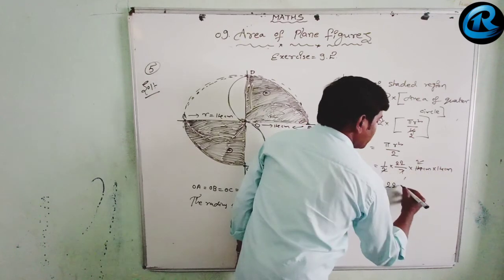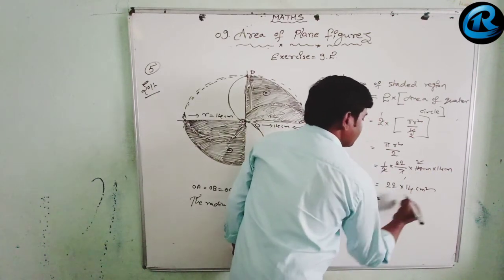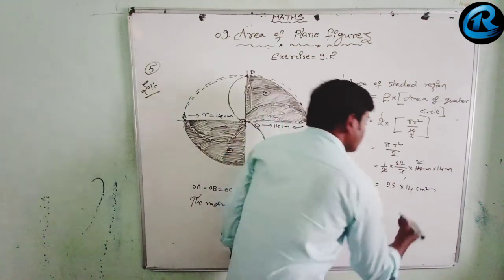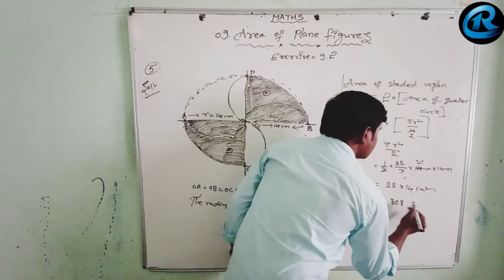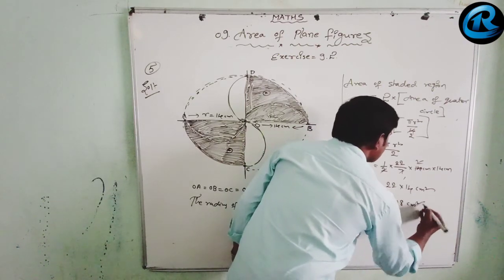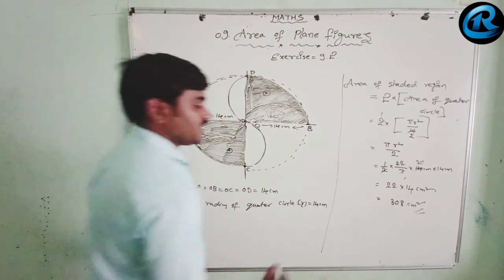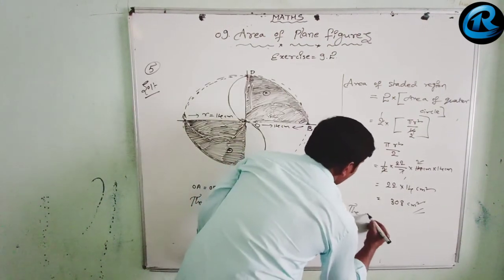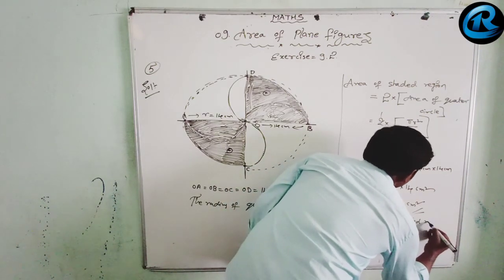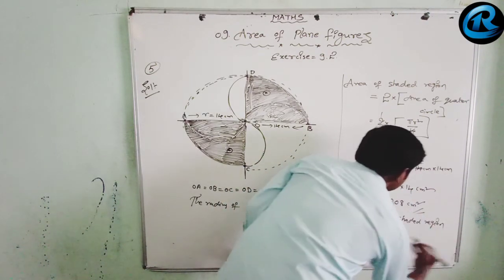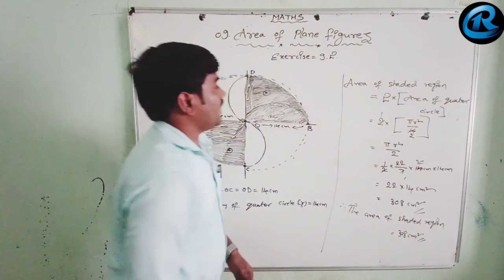Here 22 into 14, centimeter square. 14 twos are 28, 2 carry, 14 twos are 28 plus 2, that is 30, that is 308 centimeter square. Now the area of the shaded region is 308 centimeter square.